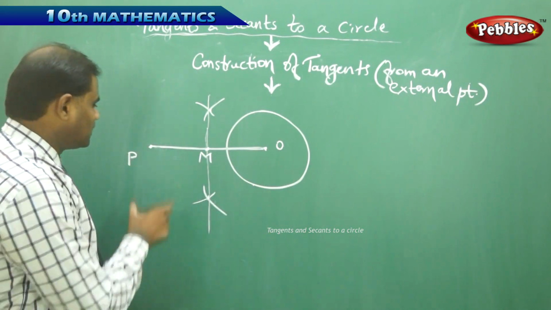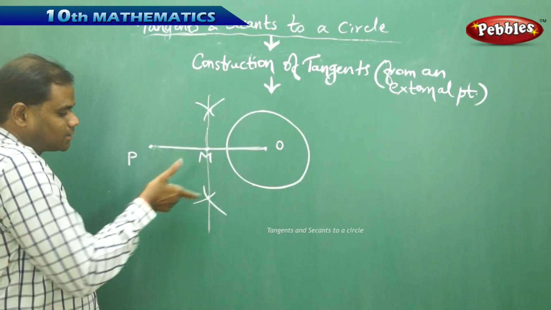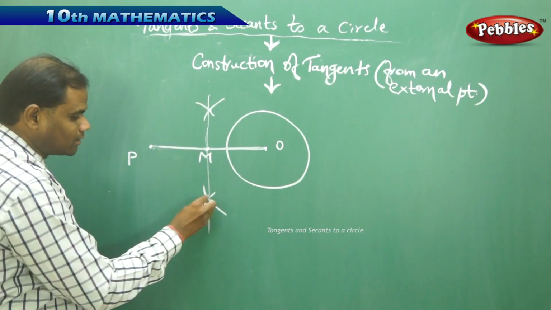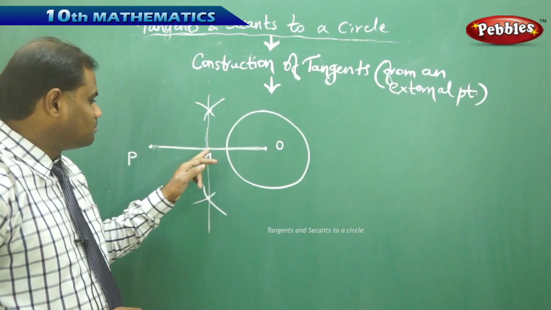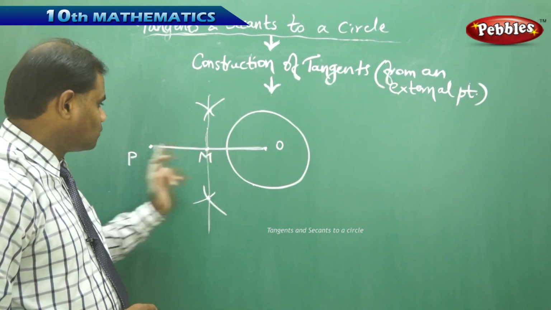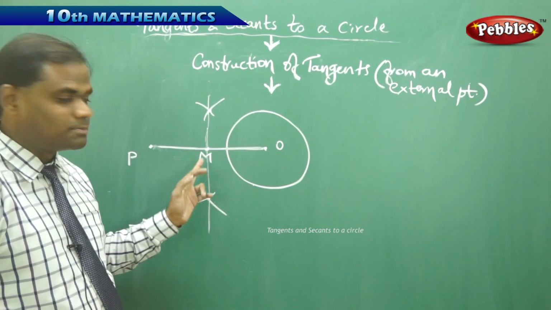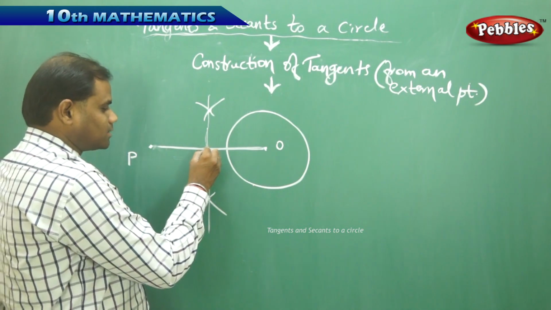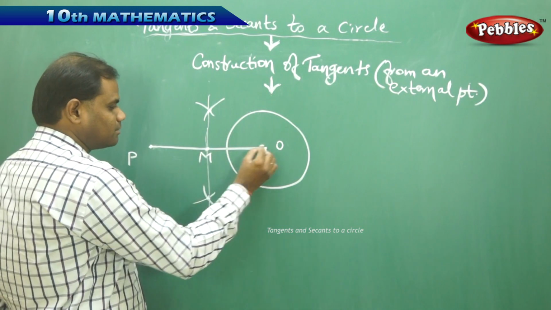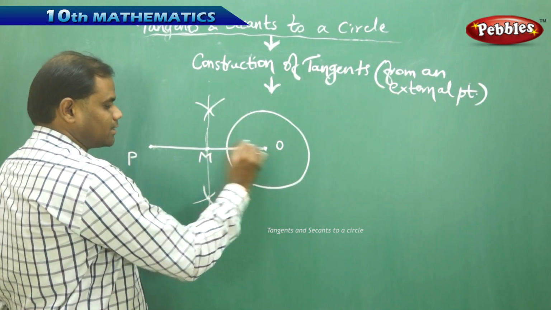So using the compass concept, taking more than half and cutting the bisectors and then joining the points of intersection of the two bisectors, I get the perpendicular bisector of OP, which in turn gives me the midpoint of OP.